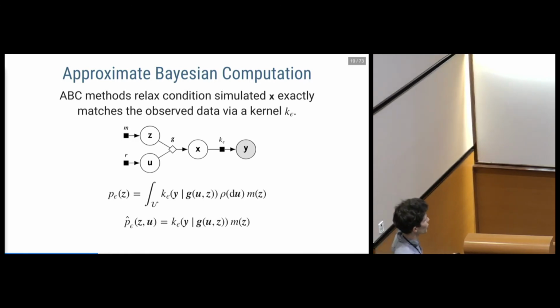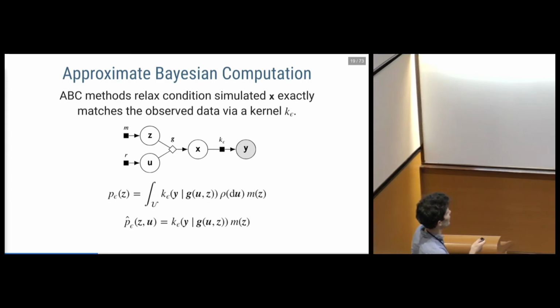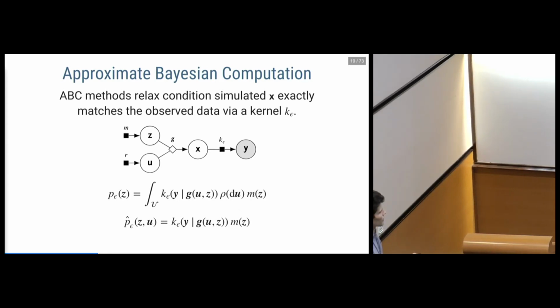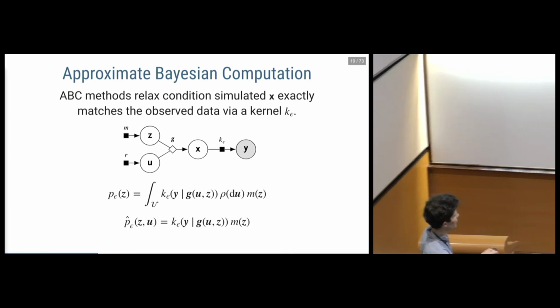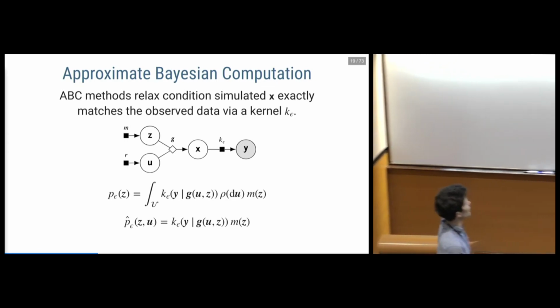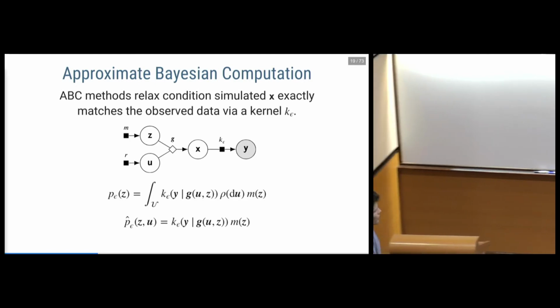The nice thing about this form is that because this is now non-singular, we can approximate this integral just using a simple Monte Carlo method by sampling u and z variables, mapping them through the simulator, and evaluating the kernel at those values. And so this density estimator is the basis of most ABC methods.